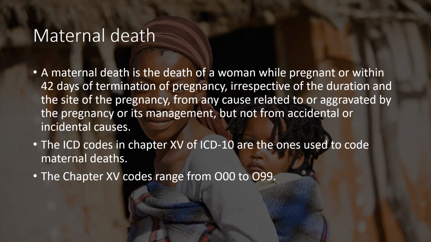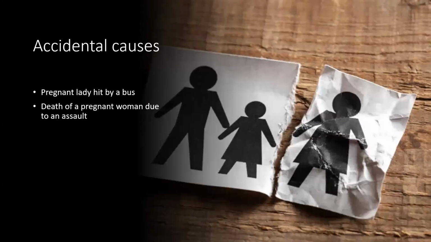As you know, this definition does not cover accidental causes and incidental causes. What are the accidental causes? For example, a pregnant lady hit by a bus, death of a pregnant woman due to an assault.